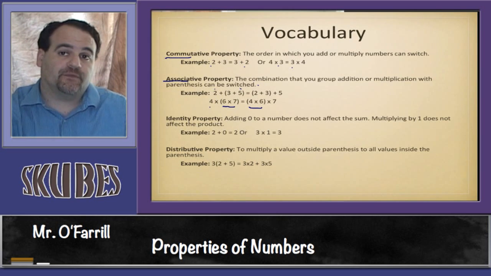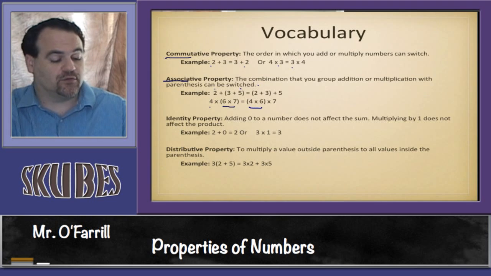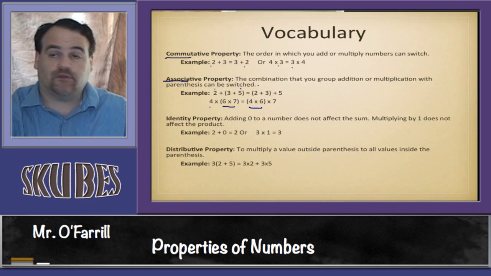The next one is the identity property. It says adding 0 to a number does not affect the sum, and multiplying by 1 does not affect the product. Example, 2 plus 0 is 2. 3 times 1 is 3.